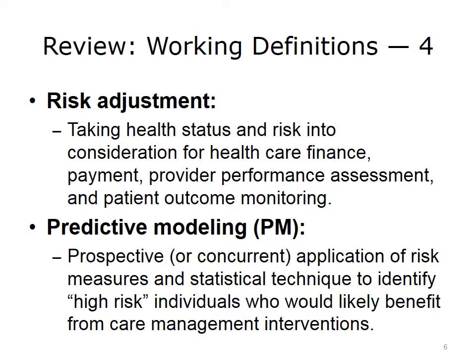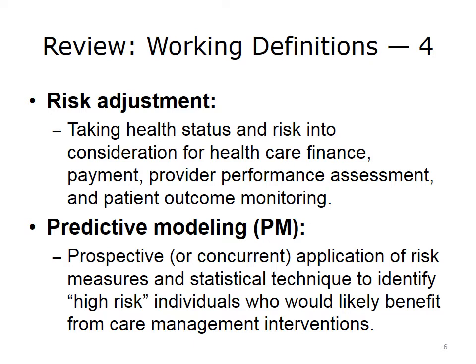In this pyramid, we array all individuals in a cohort from low to high in terms of the predicted outcome of interest. We then use this stratification to allow us to select individuals from within the population who are at greatest risk and who are likely to have the most need for a certain type of service or intervention.